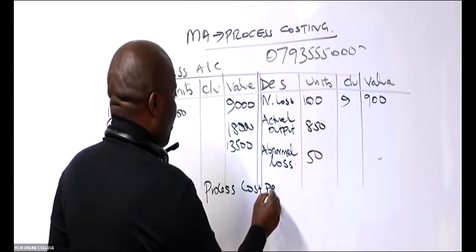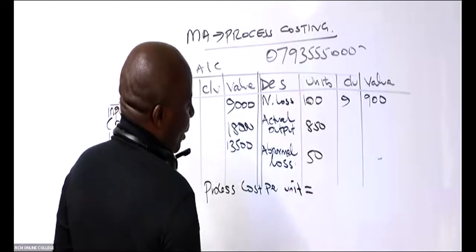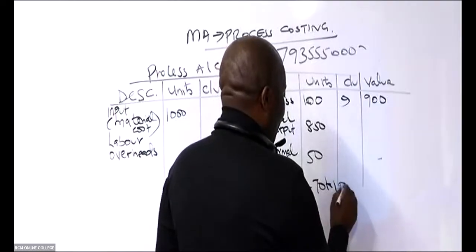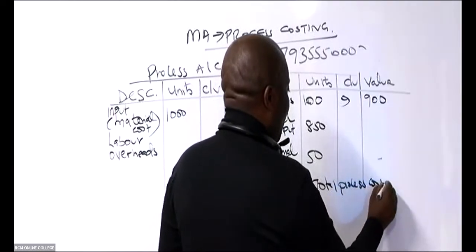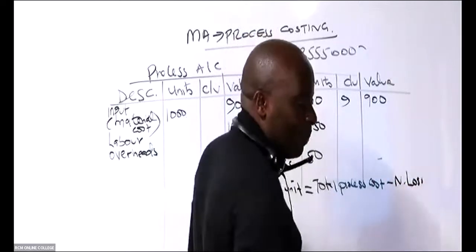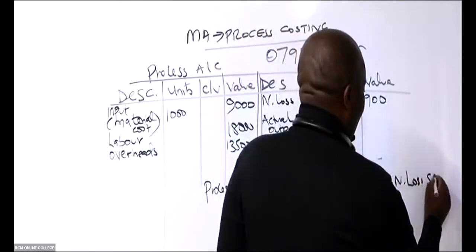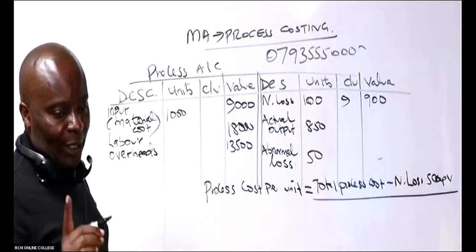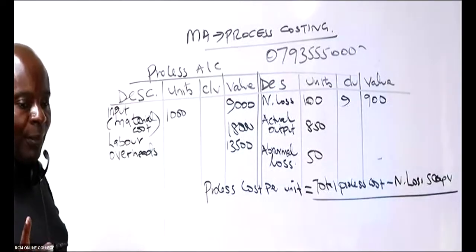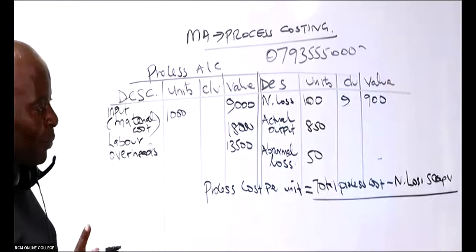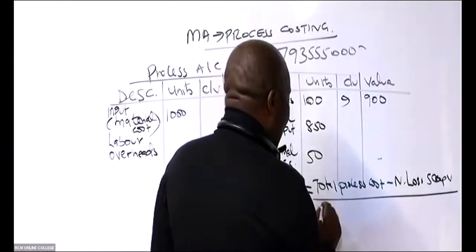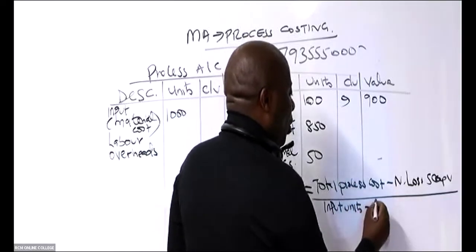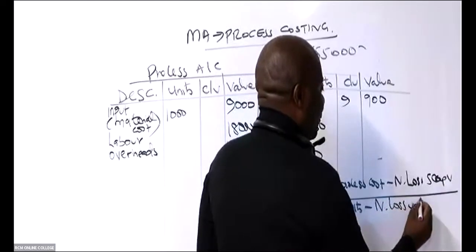Process cost per unit. I'm able to remember this very well. We said we take the total process cost minus normal loss scrap value, all over, and please listen, I'm bringing in something new because now we are becoming professionals, divided by input units minus normal loss units.